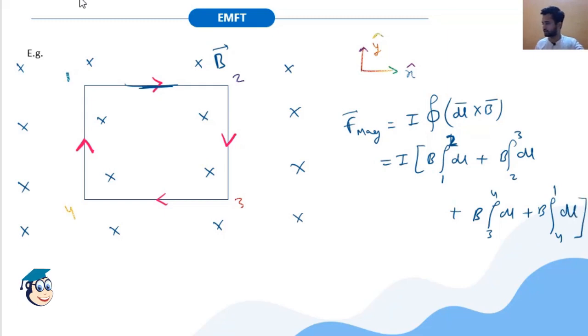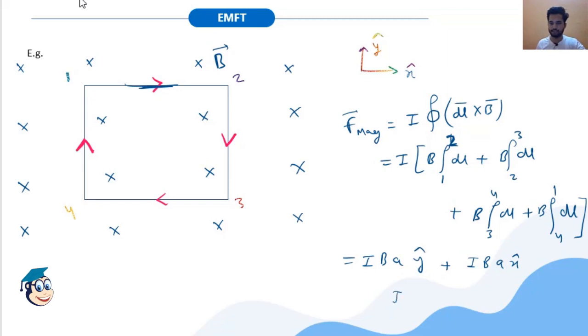And you can put in the values and you will get it as equal to I B a y cap, taking the direction into account, plus I B a x cap, and the remaining two terms will be the same in magnitude but opposite in direction.